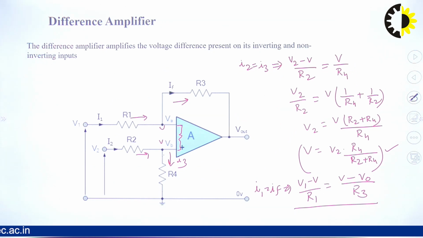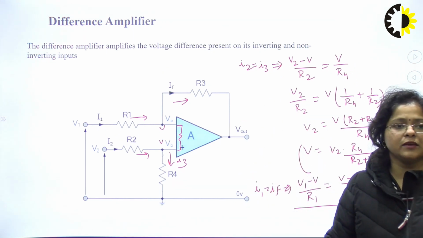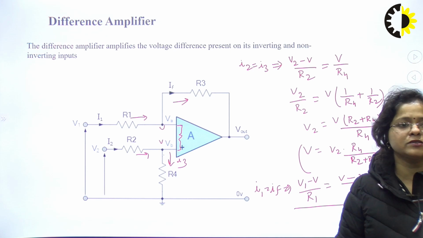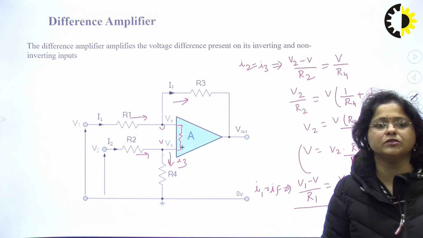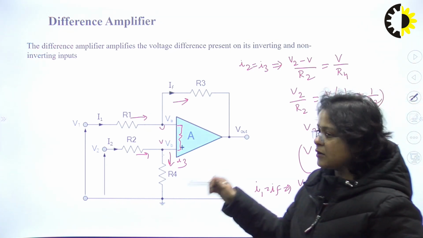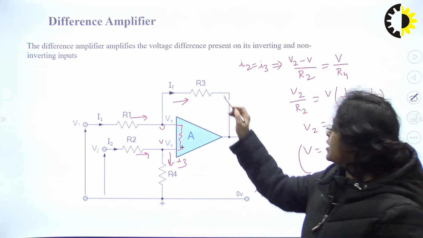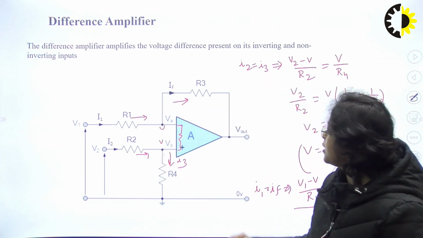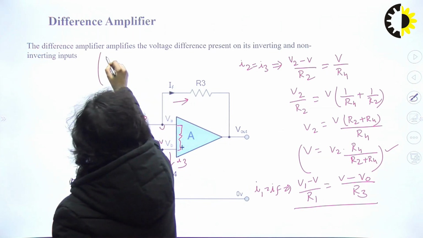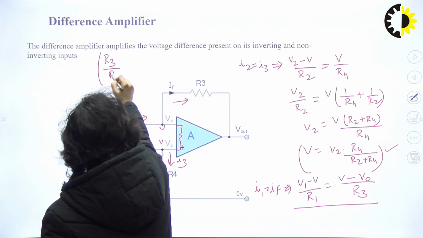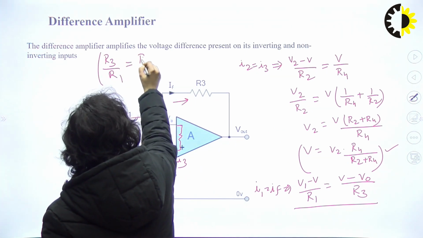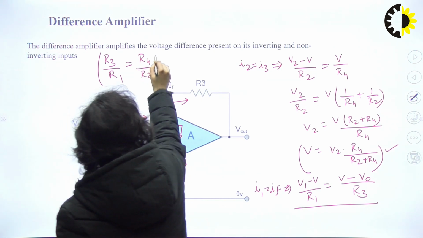Next, in this circuit, only if both the branch resistance ratios are balanced can we generate a perfect differential, that is R3 by R1 equal to R4 by R2. So the primary condition for this circuit to behave as a differential amplifier is R3 by R1 equal to R4 by R2.